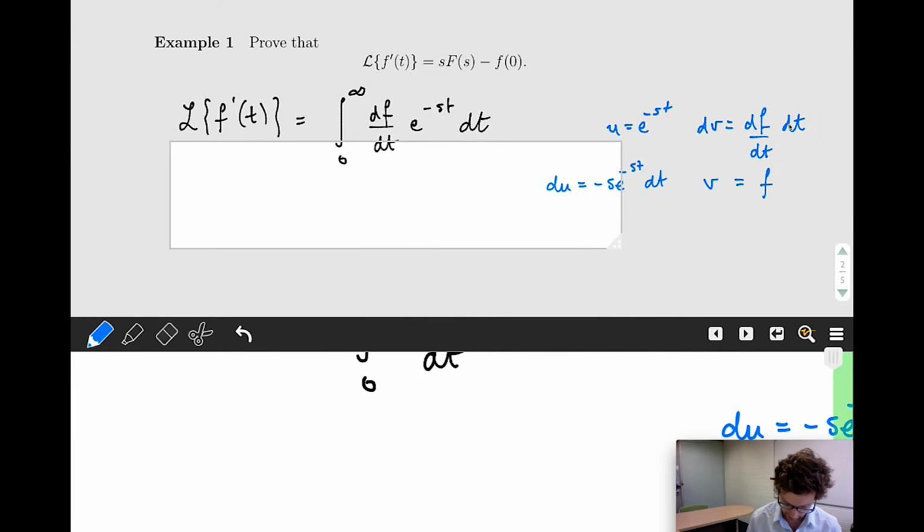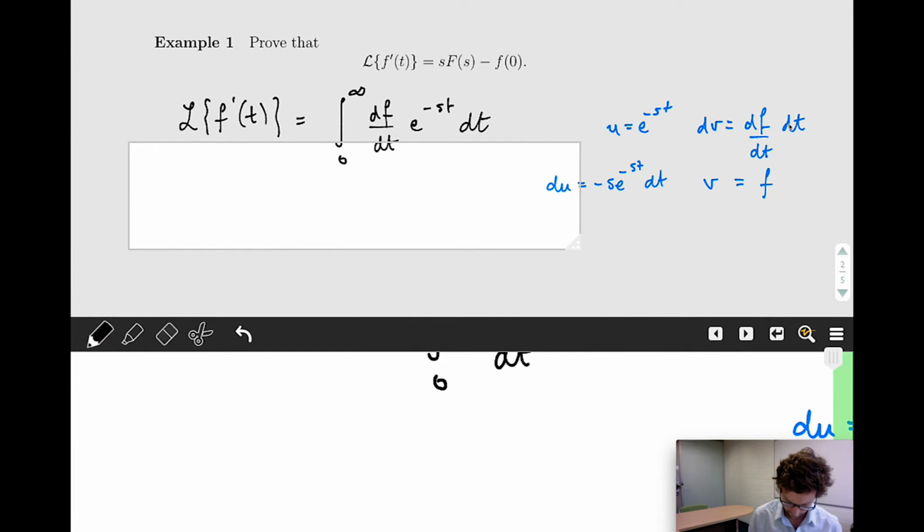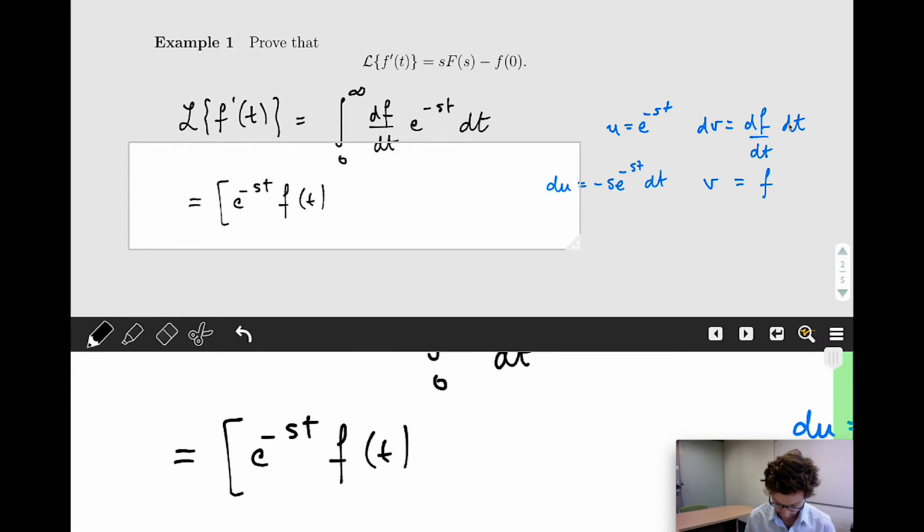So substituting into this expression here, I'm going to have the boundary terms, so u times v, so that's e to the minus st times v, from 0 to infinity.